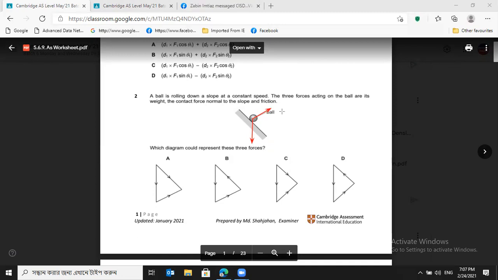Weight, the contact force, normal to the slope, and friction. Friction always works against the motion, right? Downwards. Yes, sir. Against the motion. So the ball is rolling down this side, and the frictional force will be opposite in this direction.